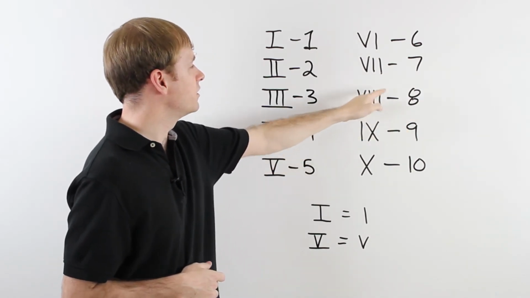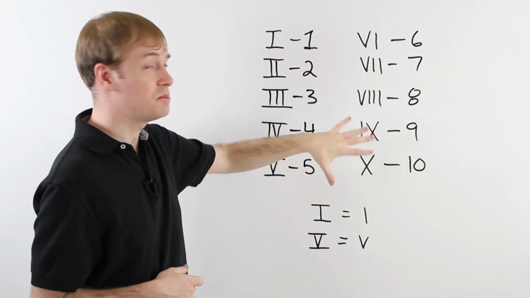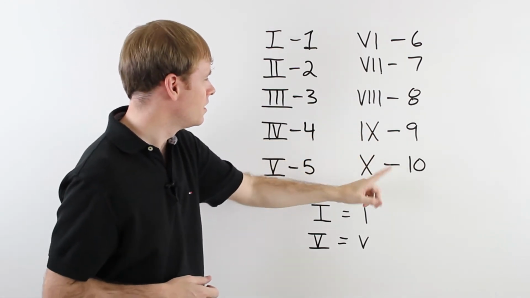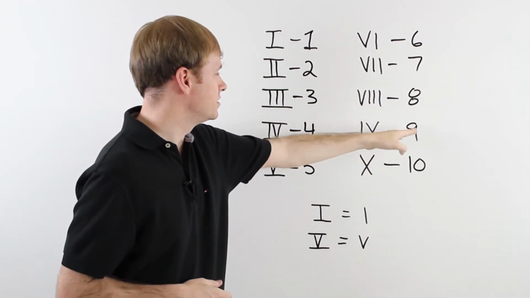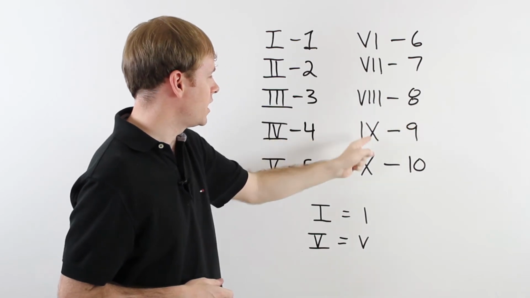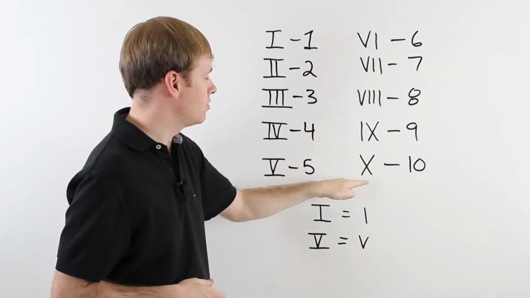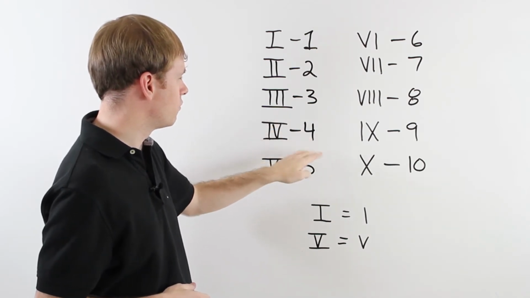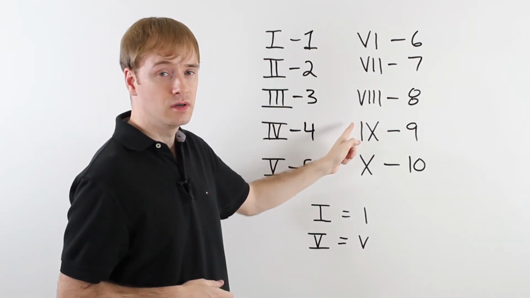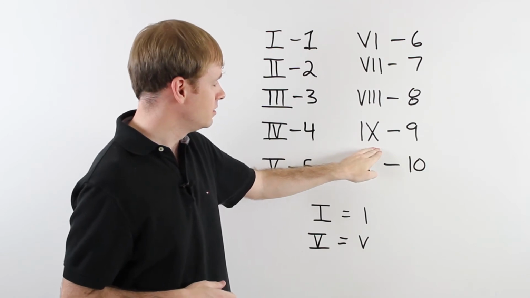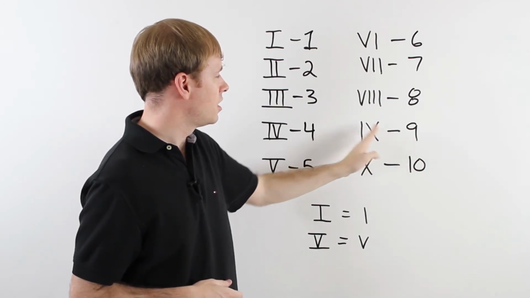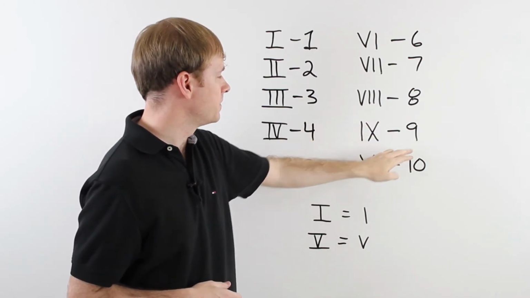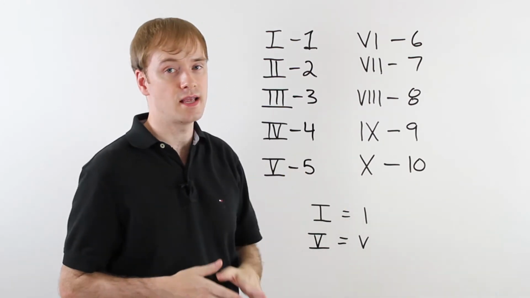So 5, 6, 7, 8. All right, and then it gets complicated again. IX is 9. Okay, so X is 10, okay? So like 4, 1 before 5 is 4. One number before 10 is 9. IX, that means 9. And of course, 10 is X.